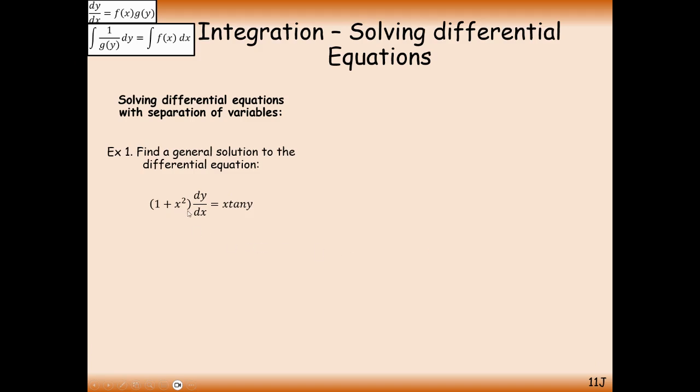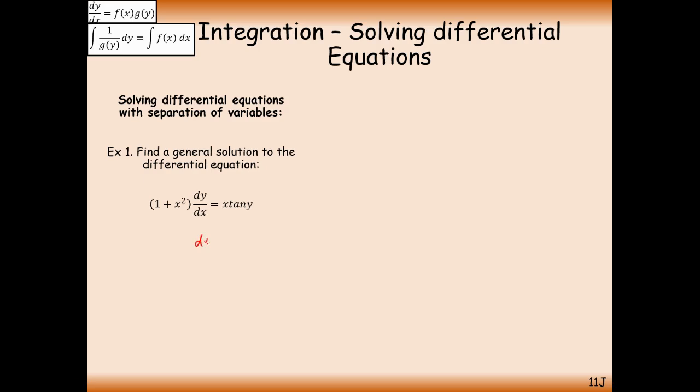Here we have d of x in the denominator. Therefore, we have to multiply by d of x so that it comes up, and it will appear on the right side. Therefore, we have to divide both sides of this equation by 1 plus x squared as well.